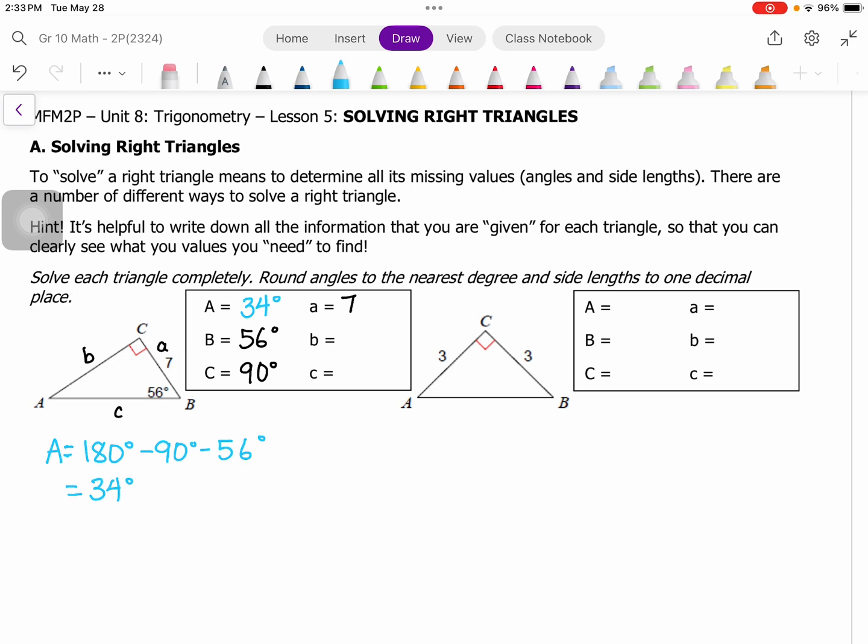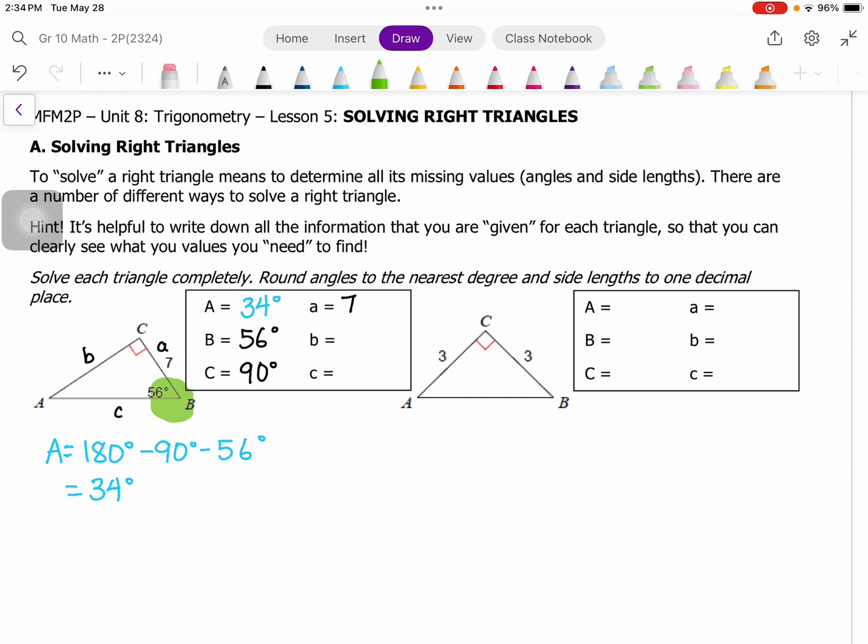So now I need to find side length b and side length c. I'm going to start with side length b. Here we can pick either angle A or angle B. It doesn't really matter. I'm going to pick angle B for my reference angle. At this point, what I do matters because opposite and adjacent are dependent on the reference angle that I'm choosing.